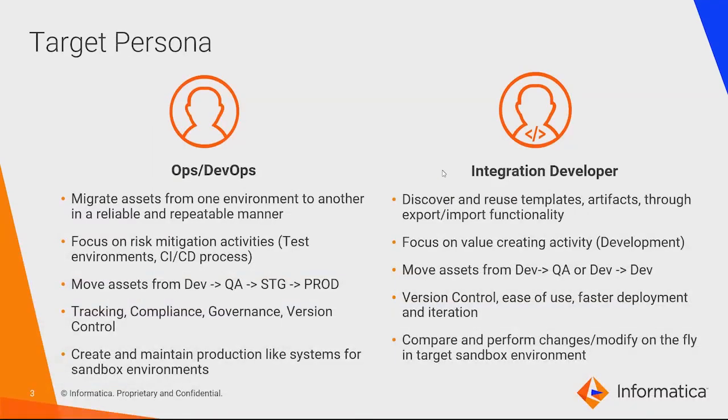Target persona. Today this is mostly the migration activity. In most organizations, migration activity is managed by either a DevOps team or a production support team, or you have a developer team who does these migrations. So these are the main personas.